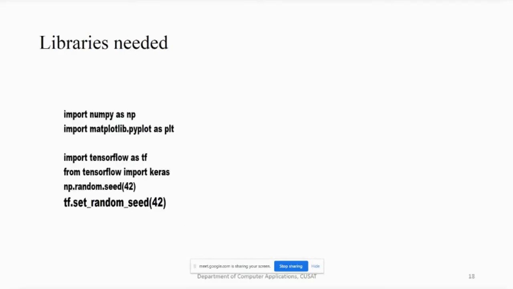Then, in order to implement that particular concept, we need some libraries, because a number of different dedicated functionalities are available as various libraries, and these are the libraries. I don't like to discuss more about these libraries, because I think all of you are familiar with them.